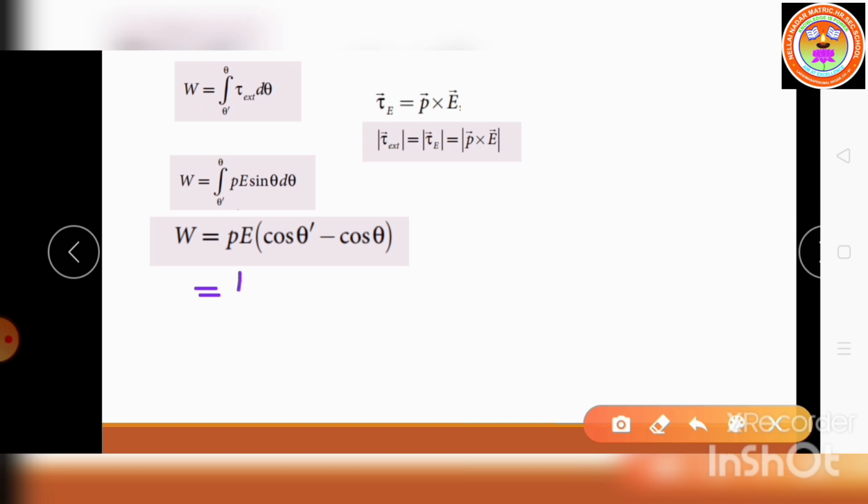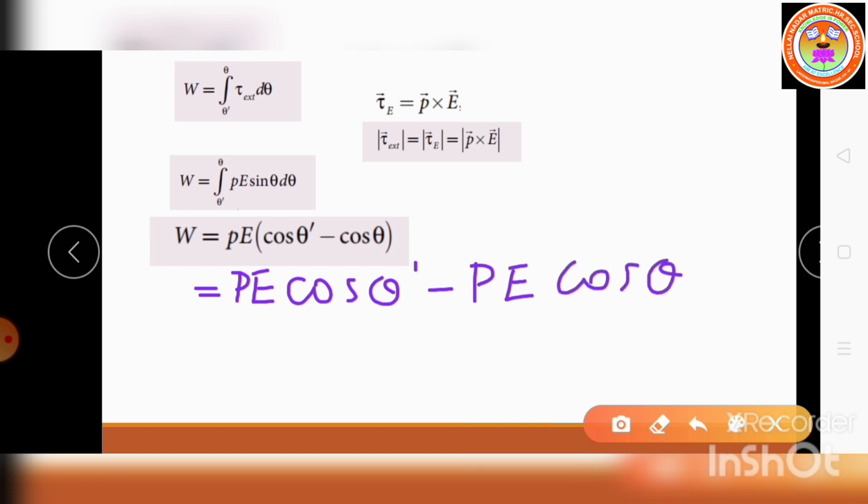So I will get PE cos theta dash minus PE cos theta. Here I am going to take U, the potential energy at the angle, is equal to minus PE cos of the corresponding angle.